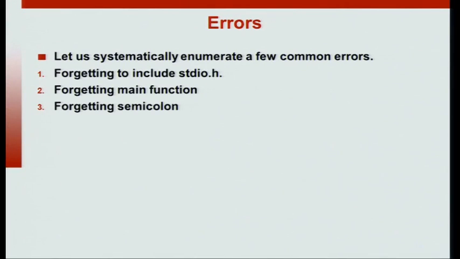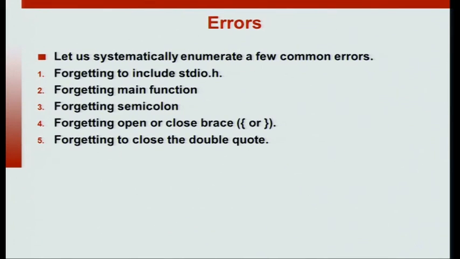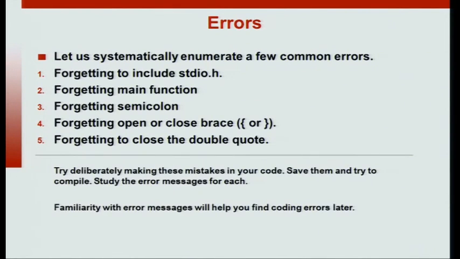You could forget to include the semicolon in the statement. You could forget to include the braces, the curly braces in main, or forget to open or close the double quote in the printf statement. So these are a few errors that you could make even in a simple code like what we have seen. We have only 3 lines, but they could also have errors.